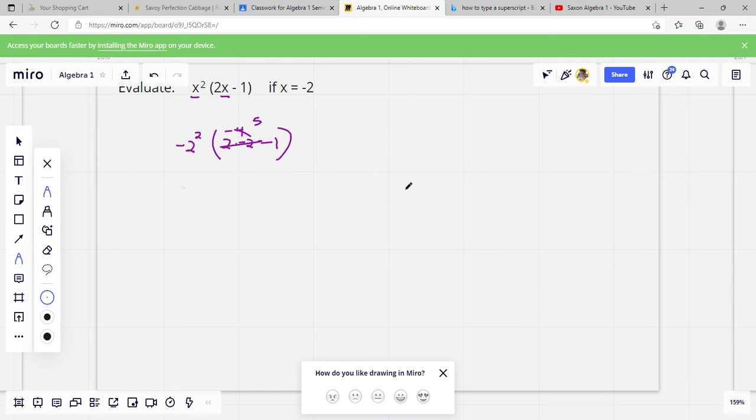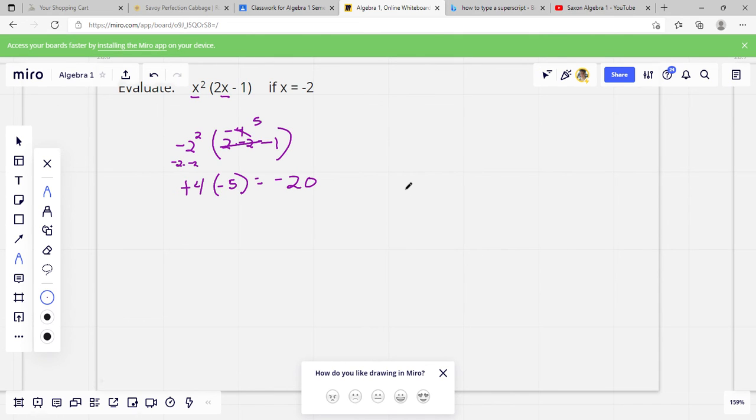So it will be 4 times negative 5, which would equal negative 20.